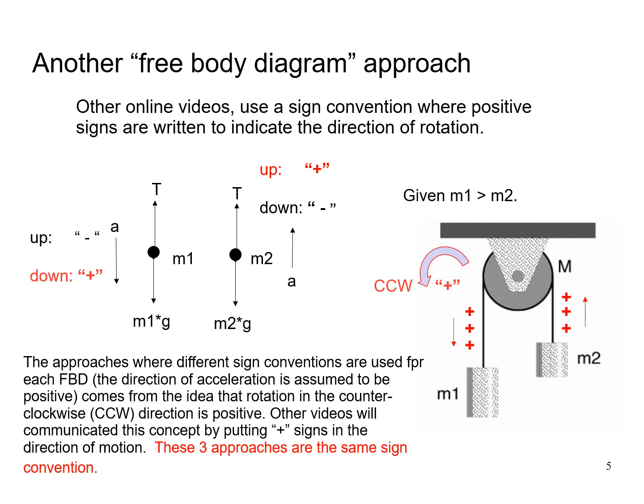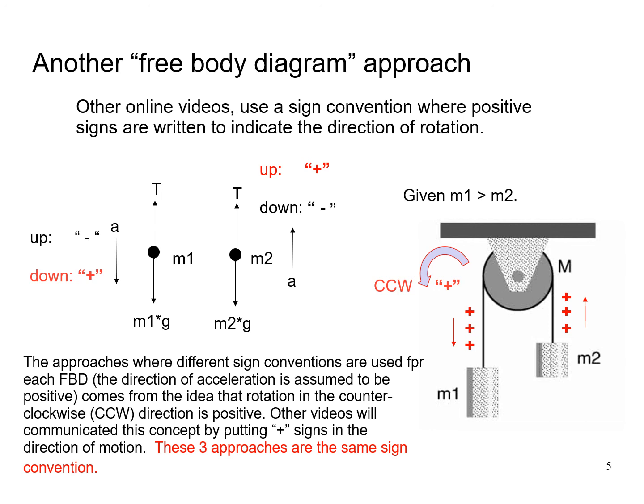So now on the left side of the slide, I've redrawn the free body diagram from the previous slide where we assume that the direction of acceleration is always positive. Now, the logic for both approaches comes from a third sign convention. And it is a sign convention we used in video 2 when discussing torques.